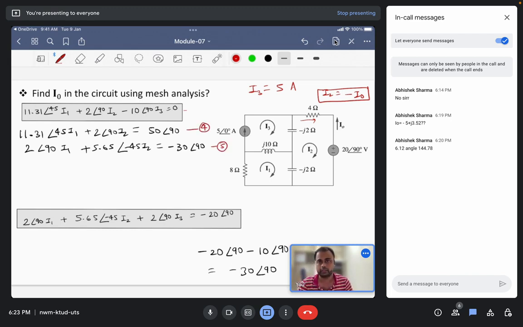We take the value of I1 from equation 5 and put it in equation 4. You can solve this using the matrix mode in the calculator. Okay, so we are getting some answers. Let us check.